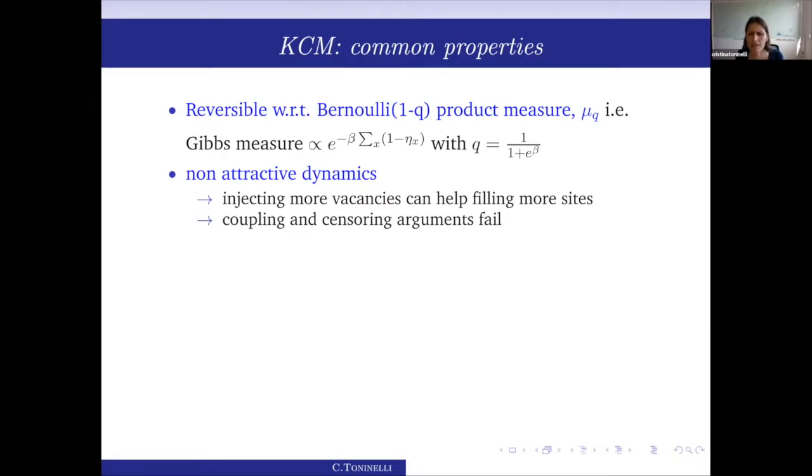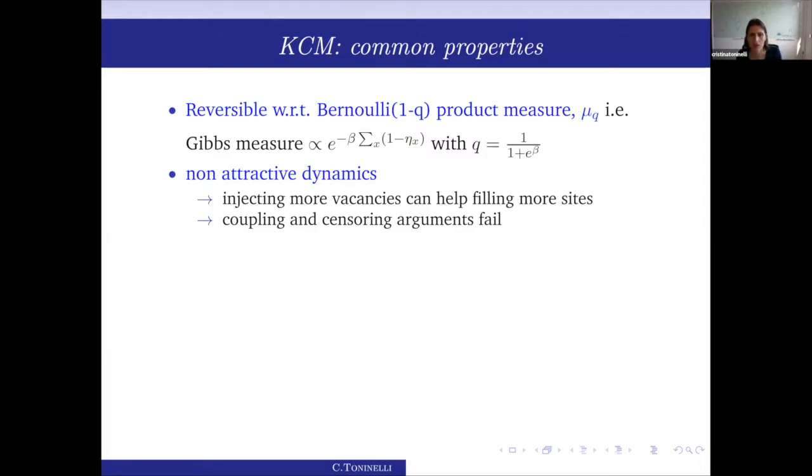Another observation is that we cannot use here arguments that use censoring. Censoring, for those who are not experts here, means that I won't be able to use arguments that use the fact that I froze a part of the system to a certain configuration and let the rest evolve, hoping to say that my real dynamics without freezing goes at least as fast as this one.